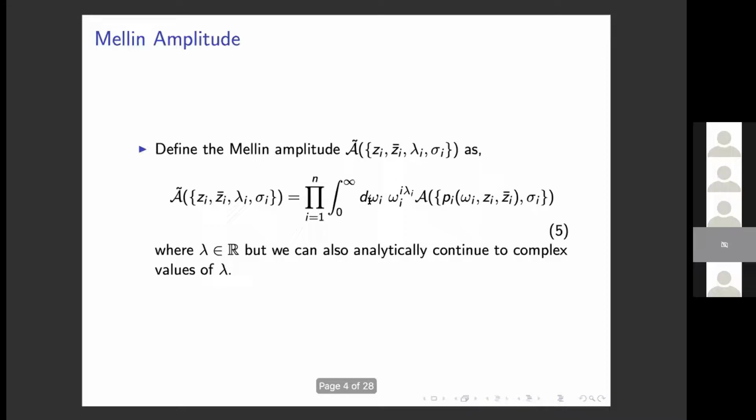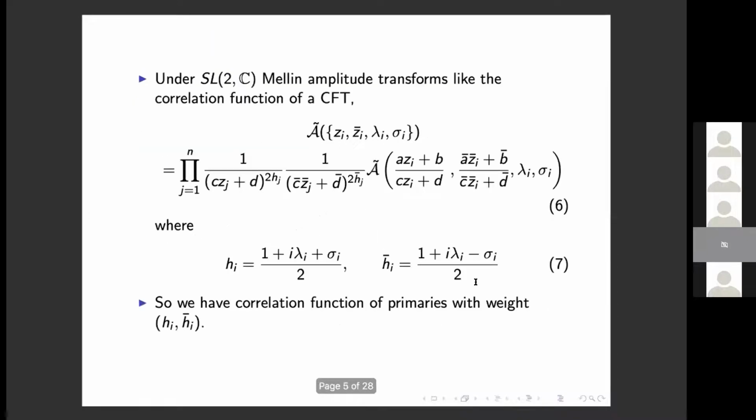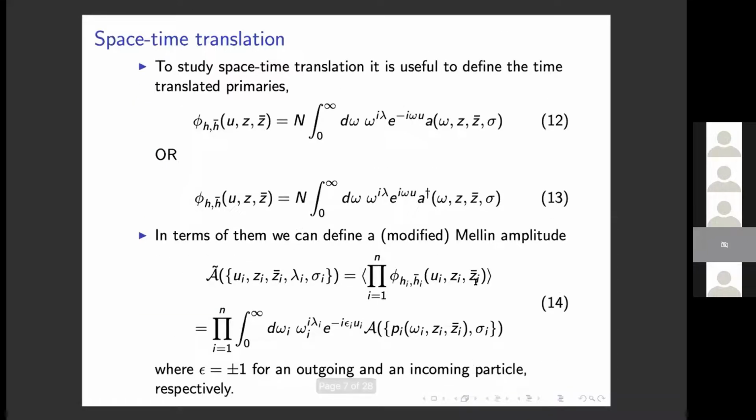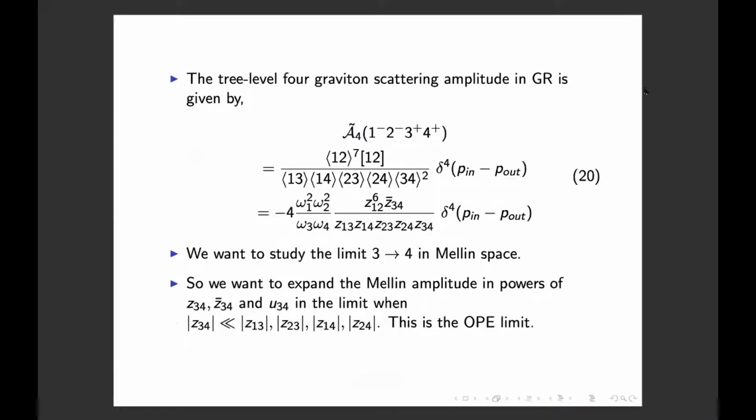This essentially follows from this: if you write it in terms of spinors, lambda alpha dot is not the complex conjugate of lambda alpha, and in split signature the group is actually SL(2,R) times SL(2,R). But at least for the three-point amplitudes, all the things just go through.